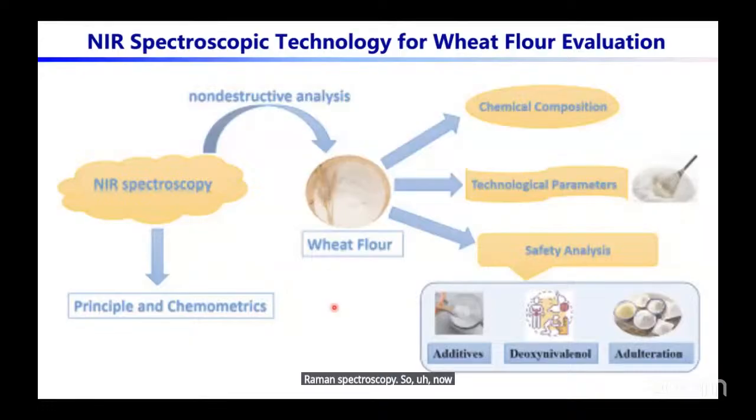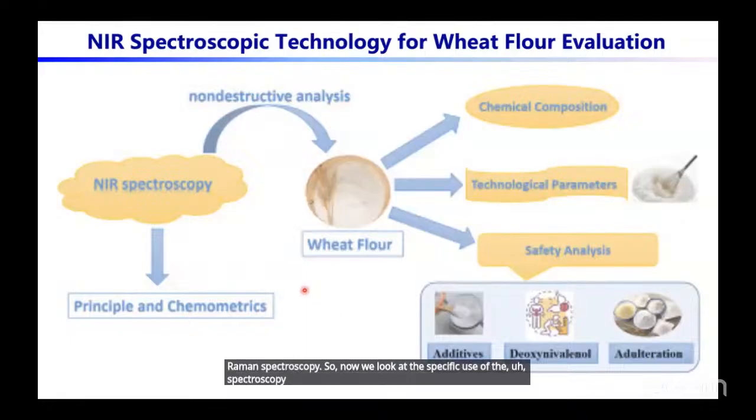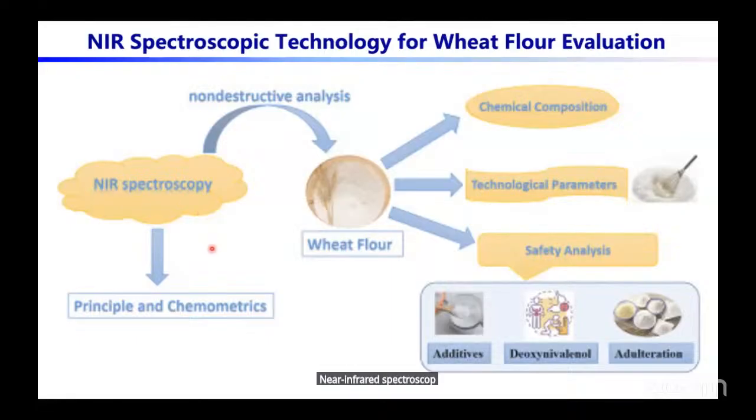So now we look at the specific use of the spectroscopy technology. One example is near infrared spectroscopy. It is particularly good for measuring the chemical components, and essentially the composition of the material, like food, for instance, wheat flour.